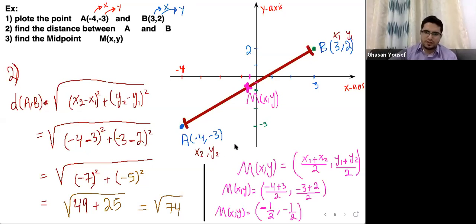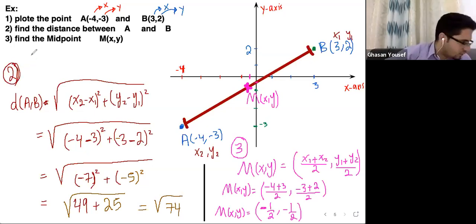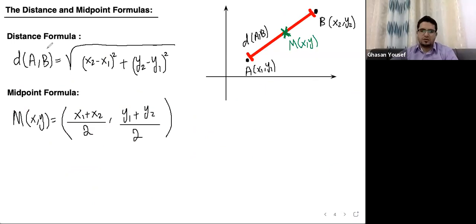Okay, so this is the only thing we have to know in this section. Now let's move to a new section, 1.2 graphs. In this section you only had to know the distance formula and the midpoint formula.